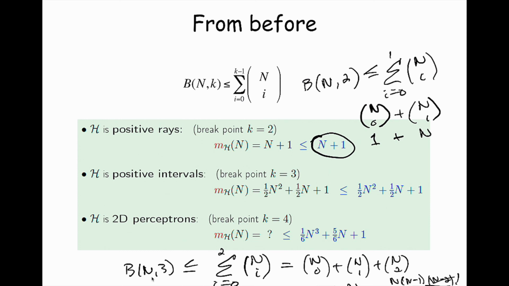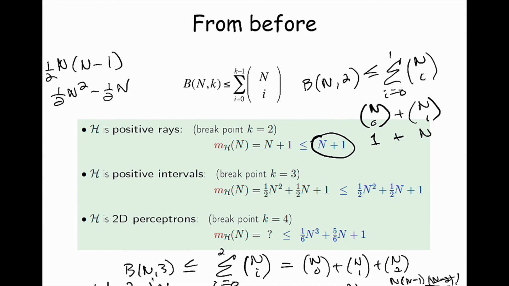These cancel, and so what we're left with is n times n minus 1, times 1/2, and that's 1/2 n squared minus 1/2 n. And so we take this expression, 1 plus n, so we have 1 plus n plus 1/2 n squared minus 1/2 n.